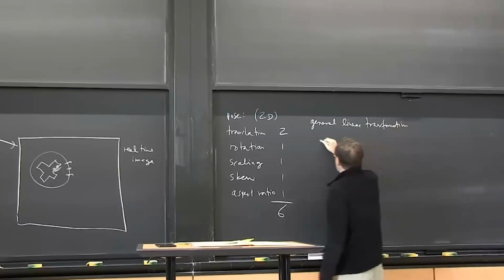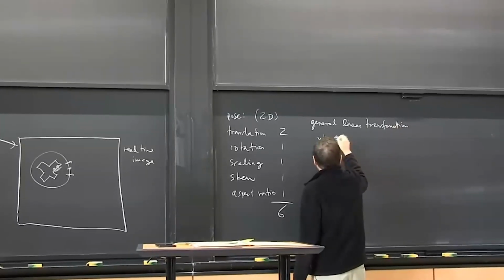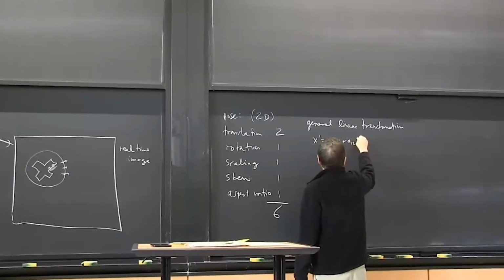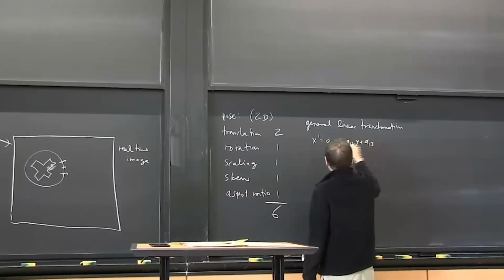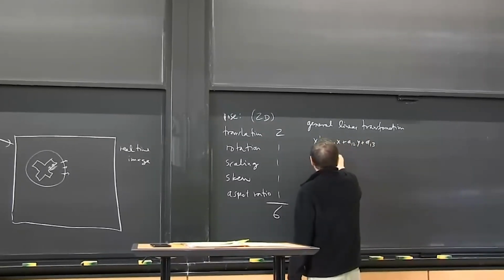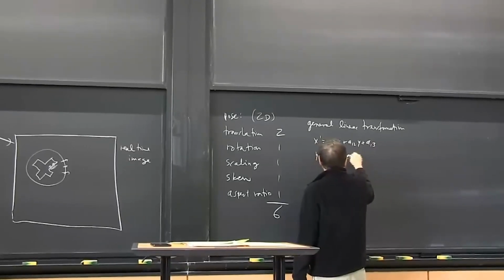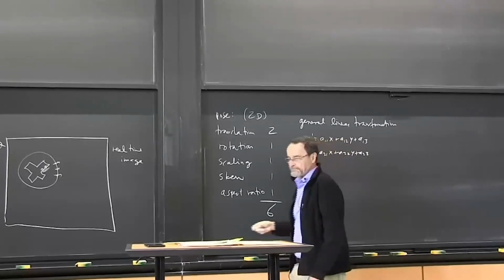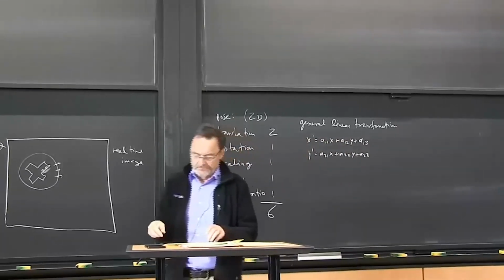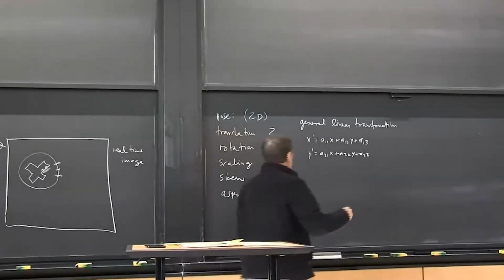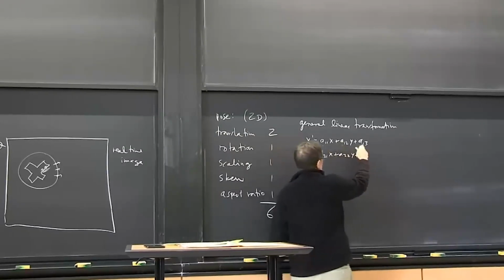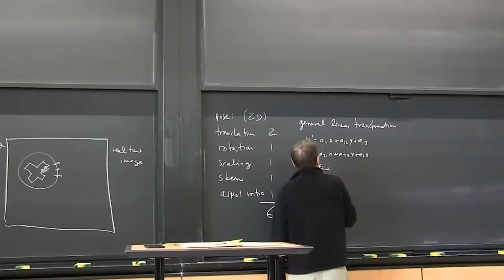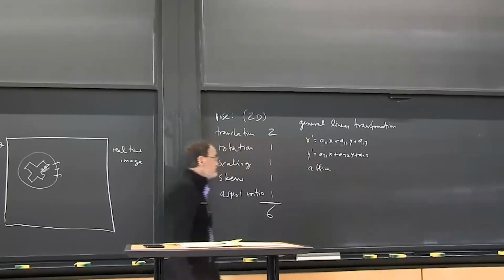I'm doing this partly because when we get to 3D, it'll be handy to be familiar with these terms. So that's a general linear transformation. We've got 6 parameters, and it's an affine transformation.